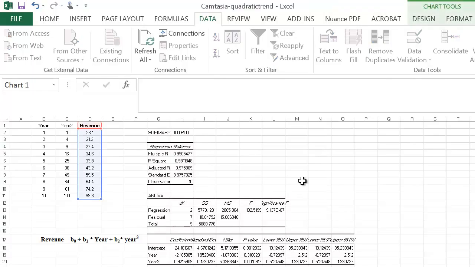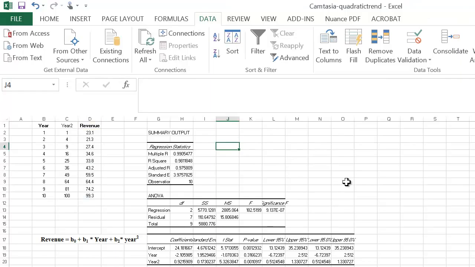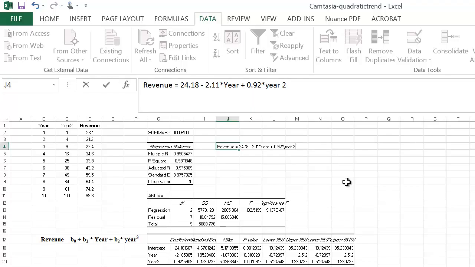Okay, so the quadratic trend equation that I come up with is revenue is equal to 24.18 plus, I'm sorry, minus 2.11 times year plus 0.92 times year squared.